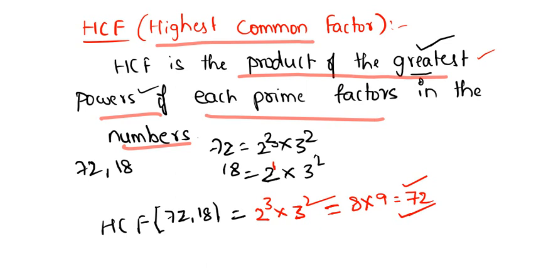Here is another example we take in this video: 12 and 18. To find any LCM or HCF, we first need to calculate the prime factors.